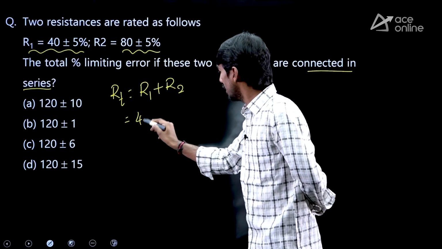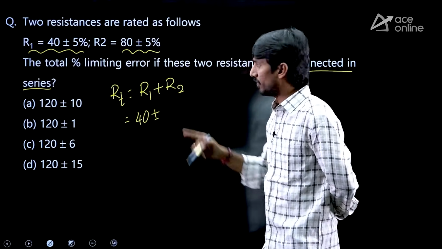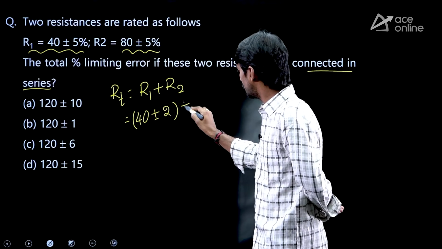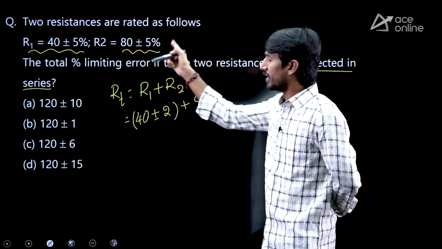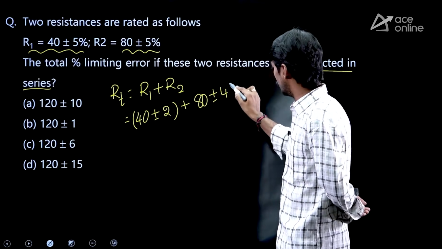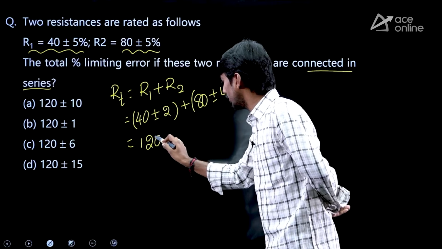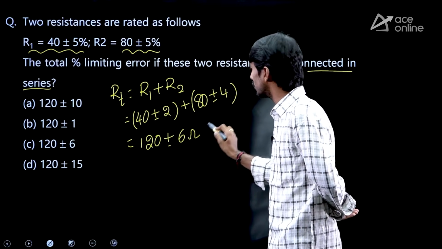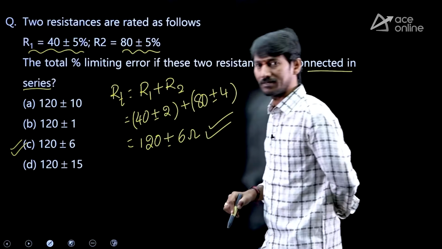So simply 40 plus or minus 5% of 40. So simply 2. Right? Plus R2, 80 plus or minus 5% of 80, 4, over 40 plus 80, 120, and errors will always add up. 2 plus 4, 6. So therefore, this is correct, 120 plus or minus 6.